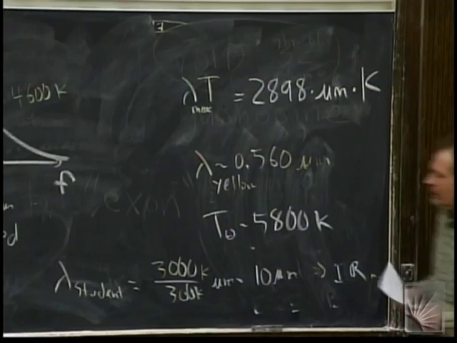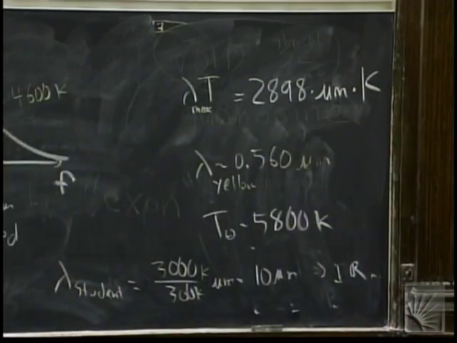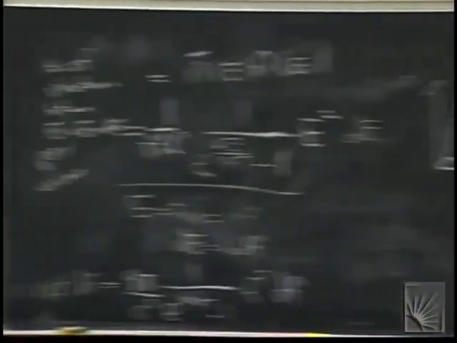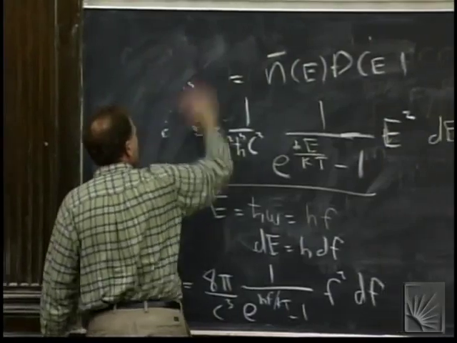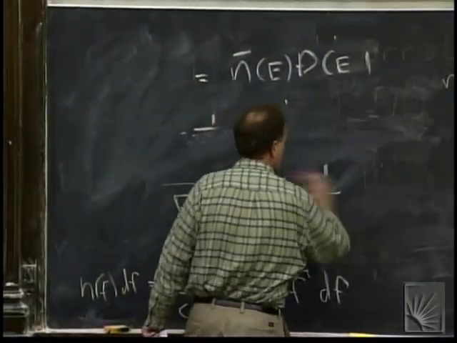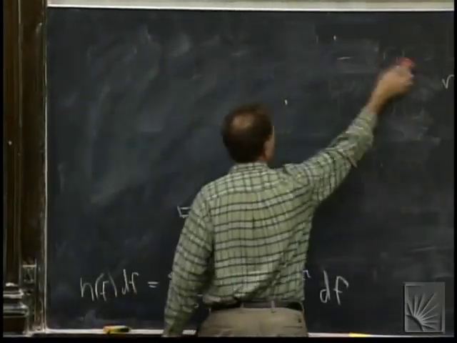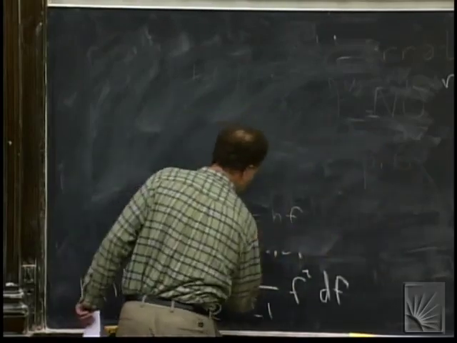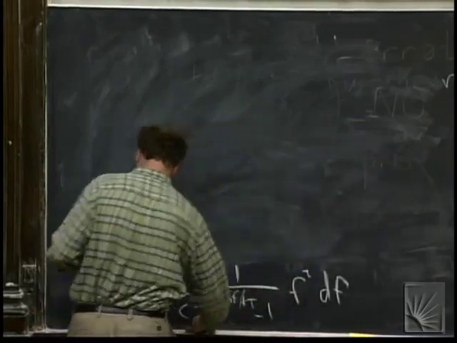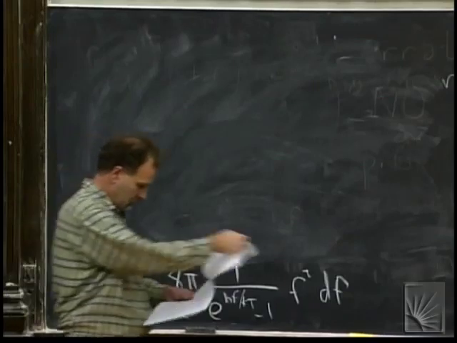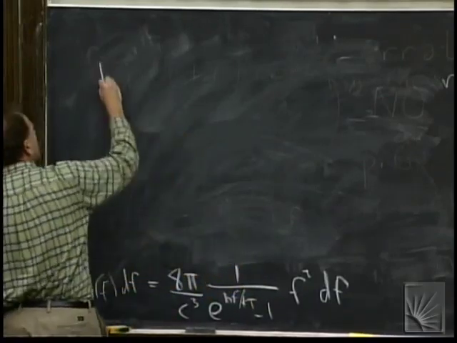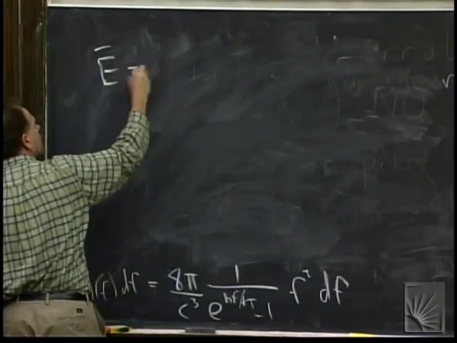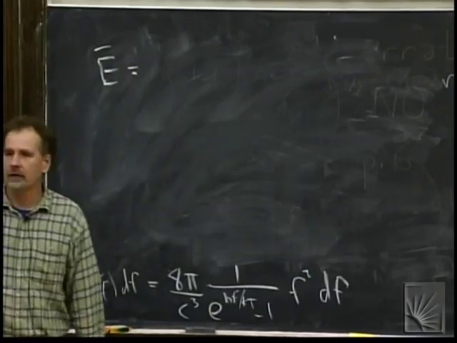Now, I said I would calculate just something about global warming. Let's do that real quick. Because there's one other solid result you should know about blackbody spectra. Let me ask, what's the average energy of a photon given what I've just learned?